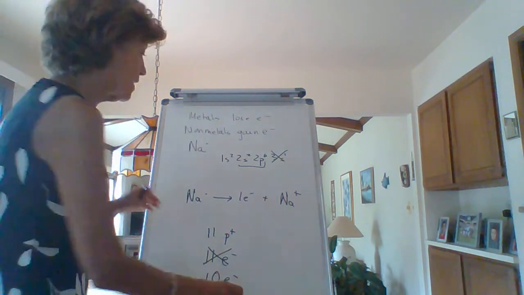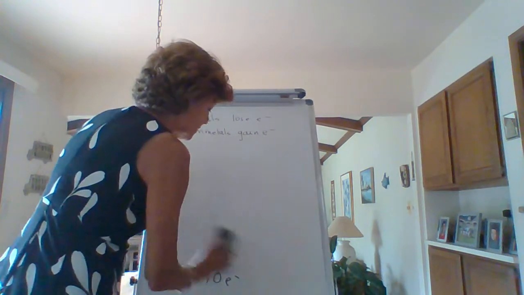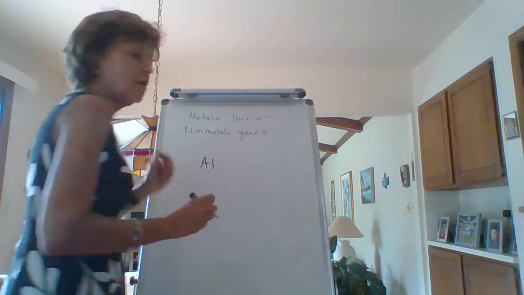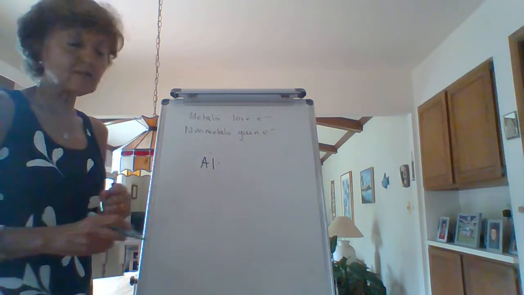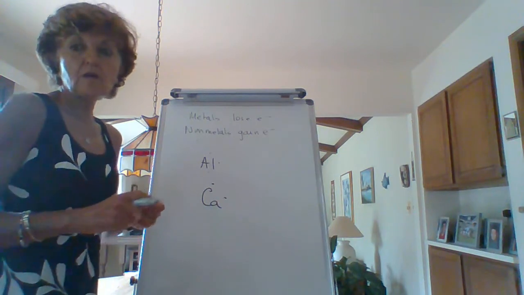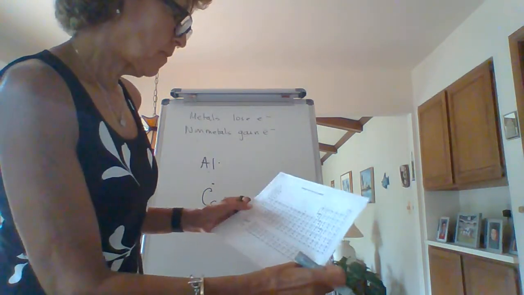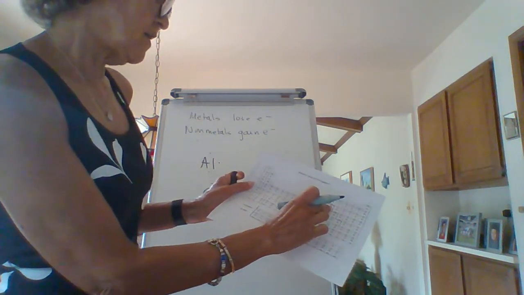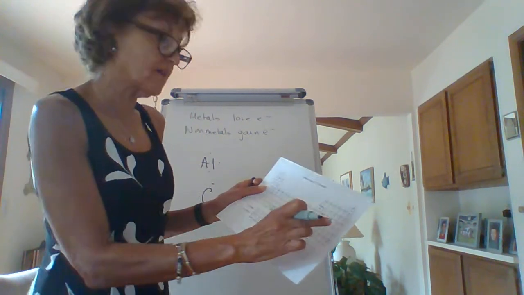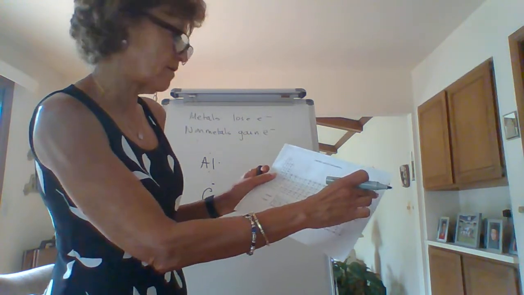All right, let's do another metal. Let's say I've got aluminum. Aluminum's got 3 valence electrons. Or let's say I've got calcium, 2 valence electrons. So if you look at the periodic table, aluminum could either gain a whole bunch of electrons and look like argon, but we already said that metals don't gain electrons, so they have to lose. So aluminum wants to lose these 3 electrons so it can look like neon.